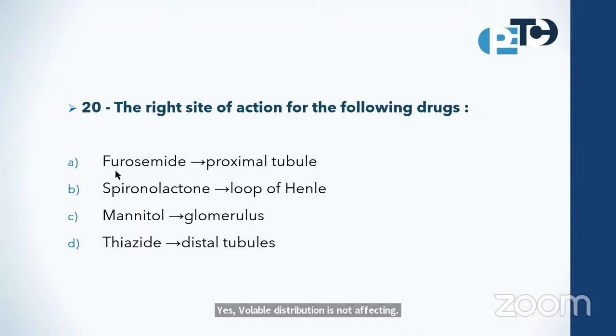Let's see the last question today. The right site of action for the following drugs. Make a connection between the diuretic and its location of action. Furosemide in the proximal tubule. Is it right or wrong? It is wrong. It is in the loop, especially the ascending part of the loop of Henle.